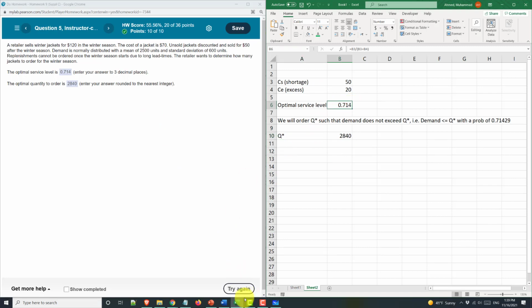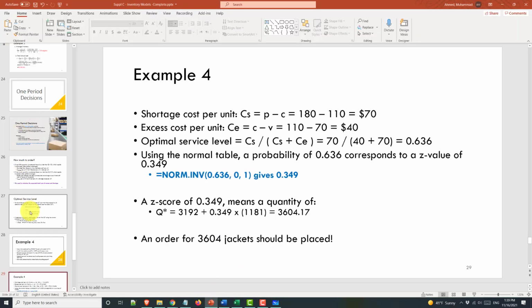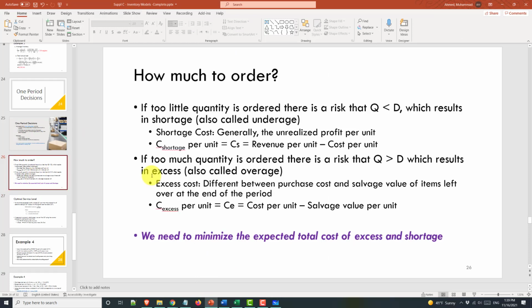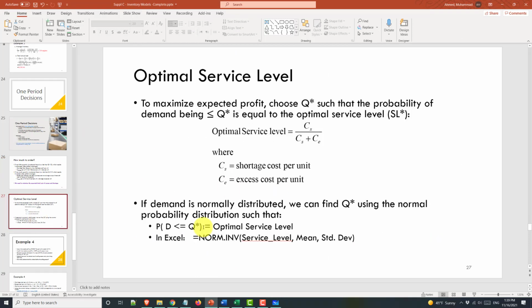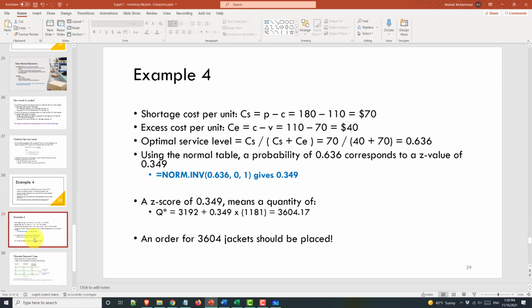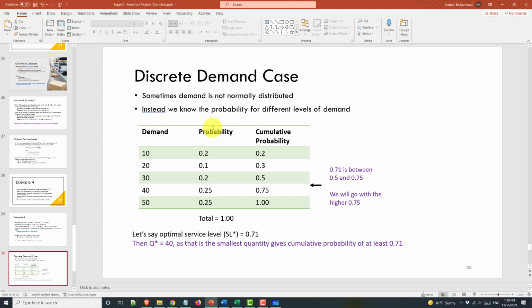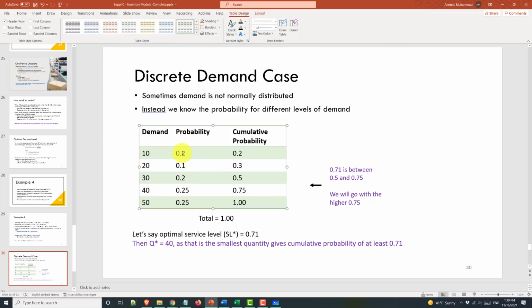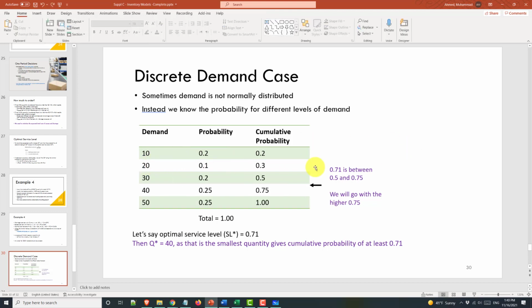Now be warned that the slides show you that when the demand is normal, we use this norm.inv formula. However, if the demand is not normal, sometimes you're given a table like that. The demand is 10 with a probability of 0.2, demand is 20 with a probability of 0.1, and so forth.